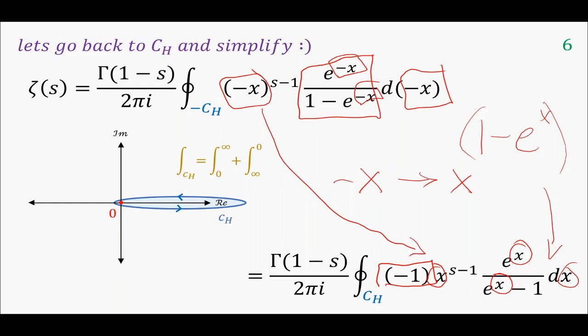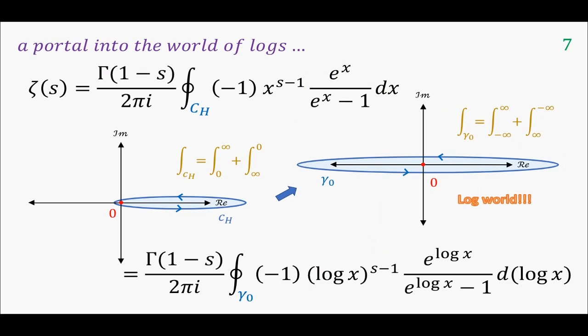So I switched these: now the e to the x is in front and the -1 is in the back, and I just brought out a -1. Okay? Slide 7.